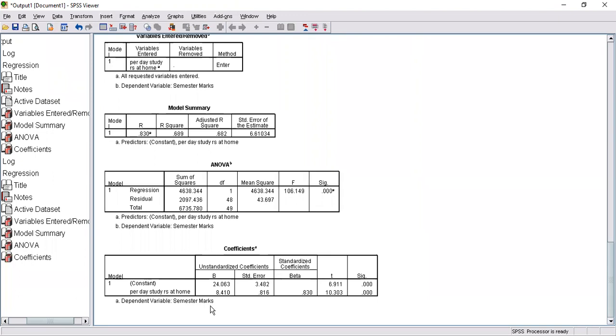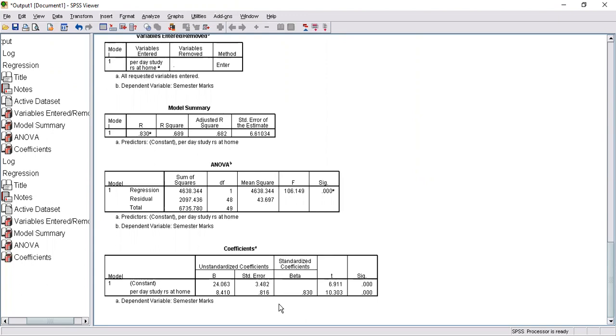Now the regression equation is 24.06 plus 8.4 into study hours. What is this 8.4 saying? If a student studies 1 hour more, he is going to get 8.4 marks higher.